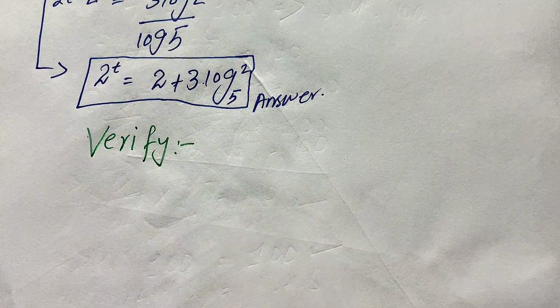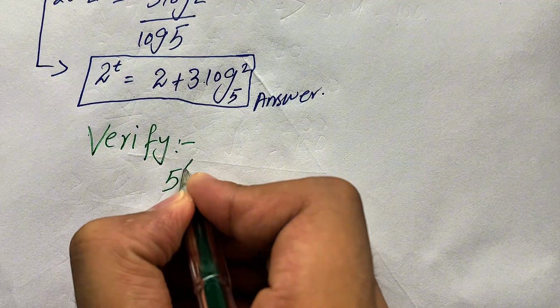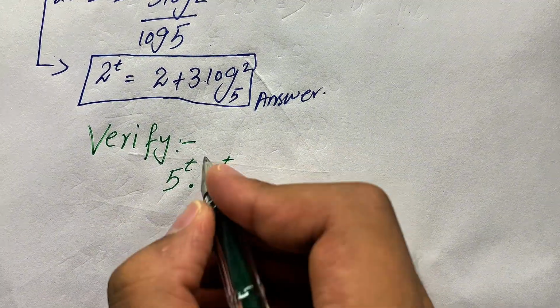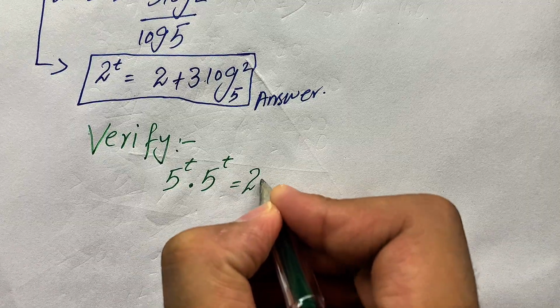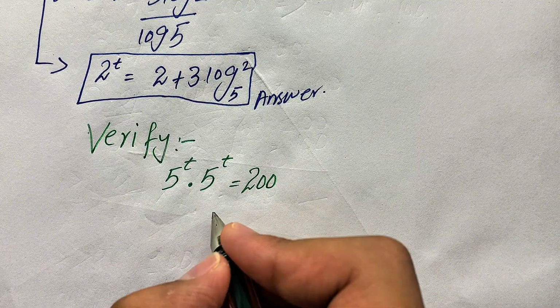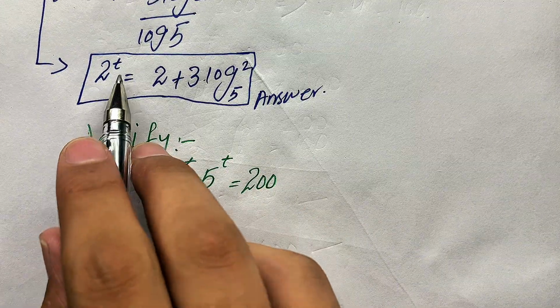Our question is 5 to the power t into 5 to the power t is equal to 200. Now this is our value of 2t.